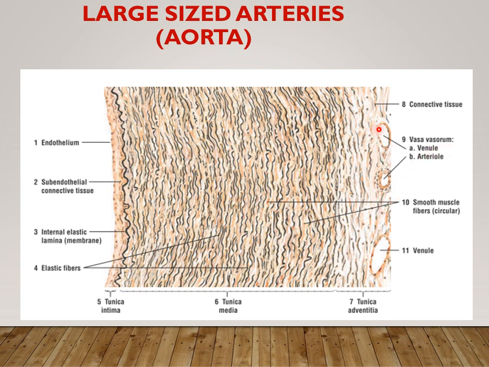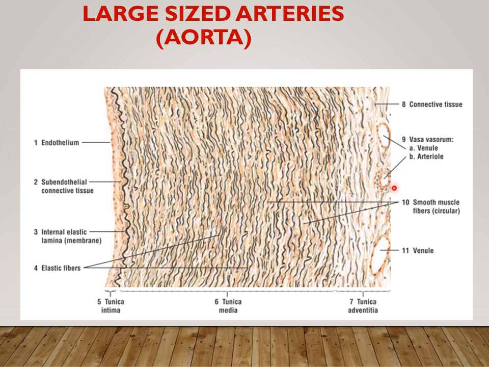These are the blood vessels present in the tunica adventitia. So this whole part here, which makes up the outer coat, is the tunica adventitia, and in it you can very clearly appreciate the presence of vasa vasorum.